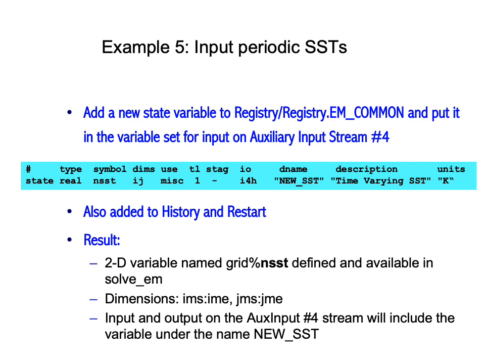The dimensions of this variable, because it's a 2D array, are going to be ime and jme. All of the 1D, 2D and 3D arrays that come out of the WRF model are memory dimension size. Finally, the last piece that's important here is that this is set up as a variable that is going to have come into the WRF model via an unused auxiliary stream, and in this case, auxiliary stream number 4.